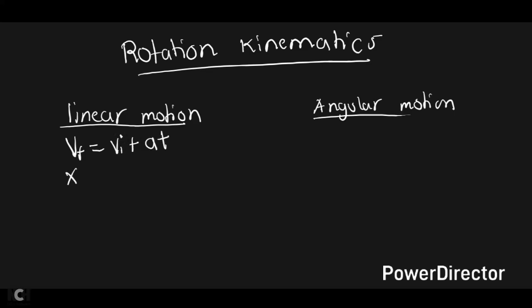We have the displacement final is equal to velocity initial times time plus 1/2 times acceleration times time squared, like that. What else? The other one is final velocity squared is equal to velocity initial squared plus 2 times acceleration times the displacement, like that.